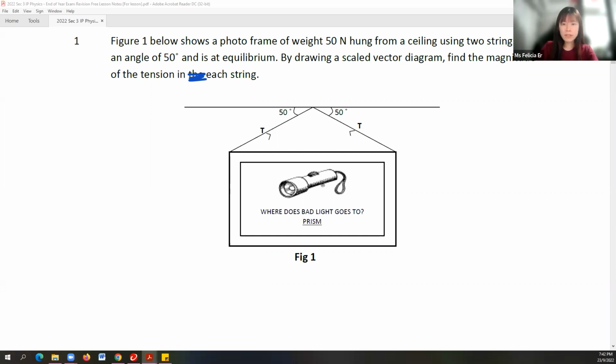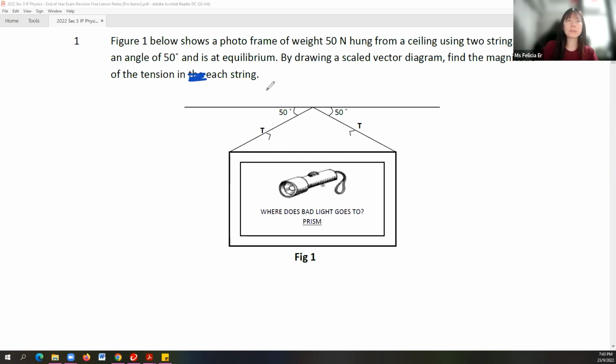Faith said 1 cm is to 10 N. That can also work, but I am worried that your drawing might be a little too small if it's 10. So I would say Faith and Yana's answer will be better.